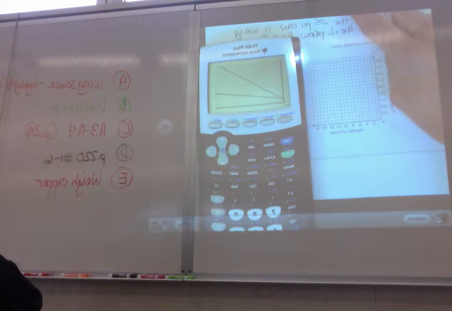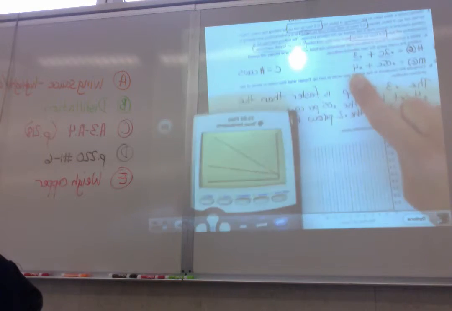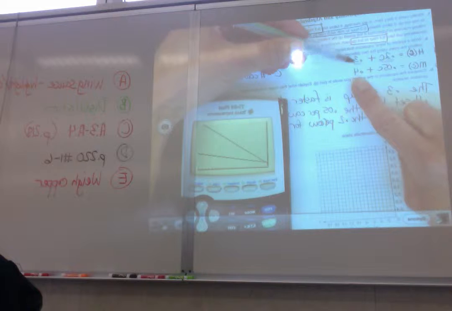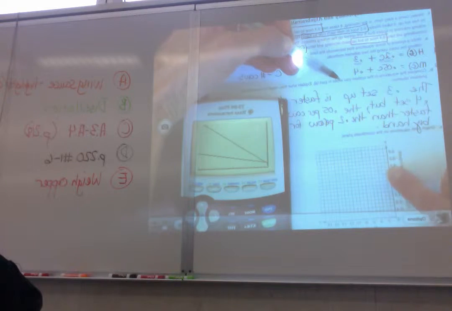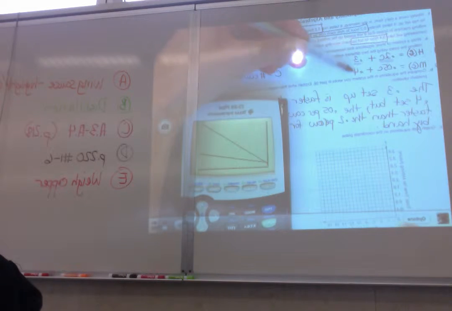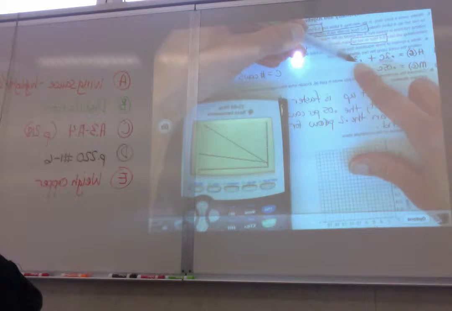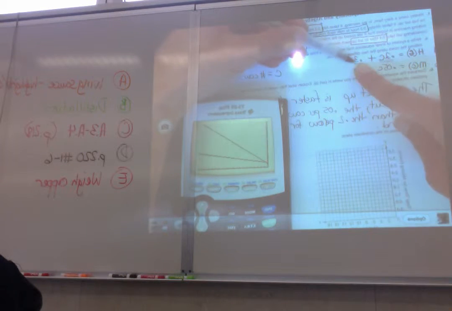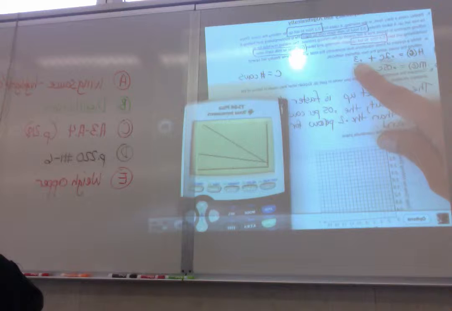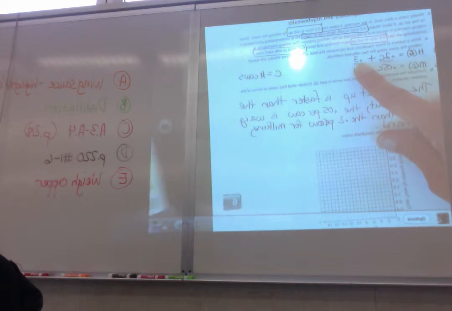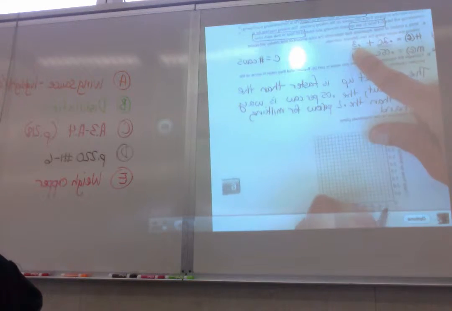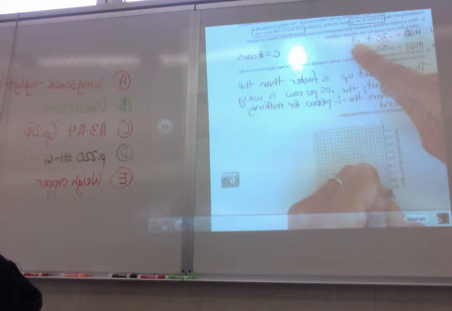The y-intercept is this piece over here, 0.3 and 0.4. I'm going to graph that first. Maybe I'll do one at a time. Okay? I'm going to do the by hand first. That starts at 0.3. 0.3 on my graph is going to be right here.